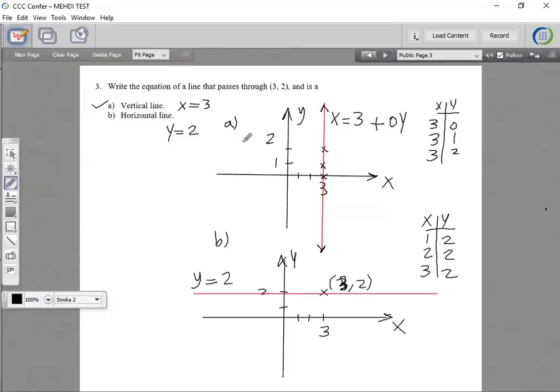And again, you could look at this as y is equal to 2 plus 0x. Regardless of what I substitute for x, y would always be equal to 2. So to write the equation of a vertical and horizontal line, we can just locate them and write the equation of those.